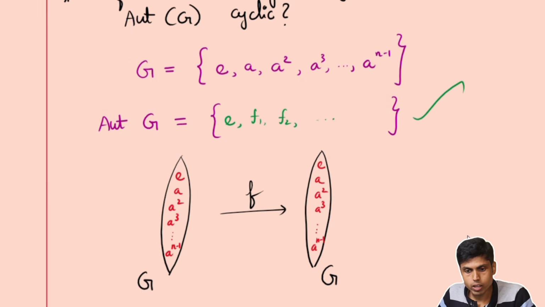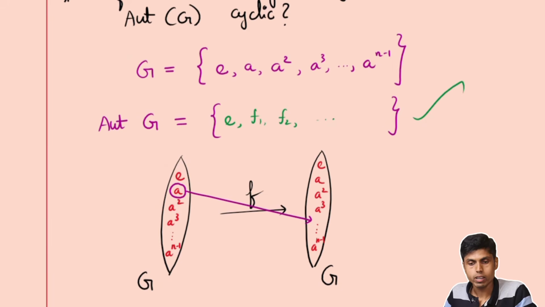So the pivotal argument here is that if you are able to map the element a to some element of the codomain, then you are done with mapping all the other elements by the group operation which takes a to a square, a cube and so on. Let me elaborate on that.